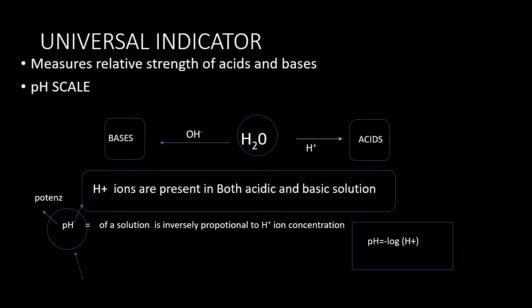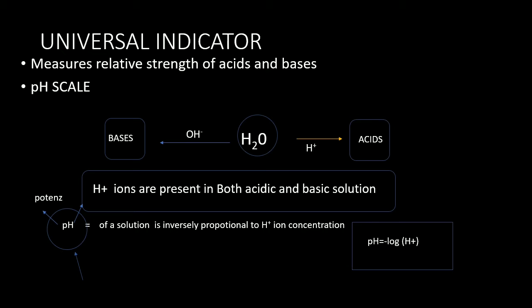So pH stands for power of H+ ions. It tells us about the H+ ion concentration. The relation is that pH is inversely proportional to the H+ ion concentration. pH is the negative logarithm of the H+ ion concentration.